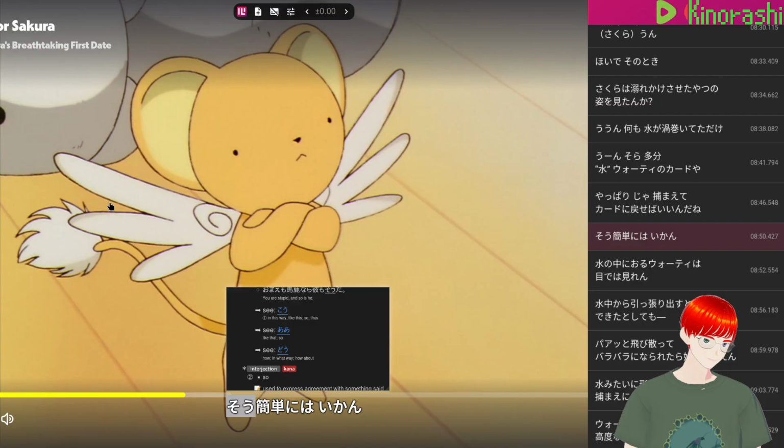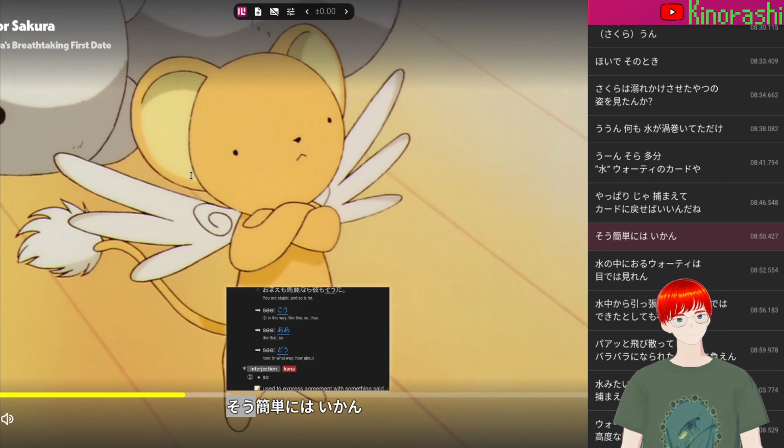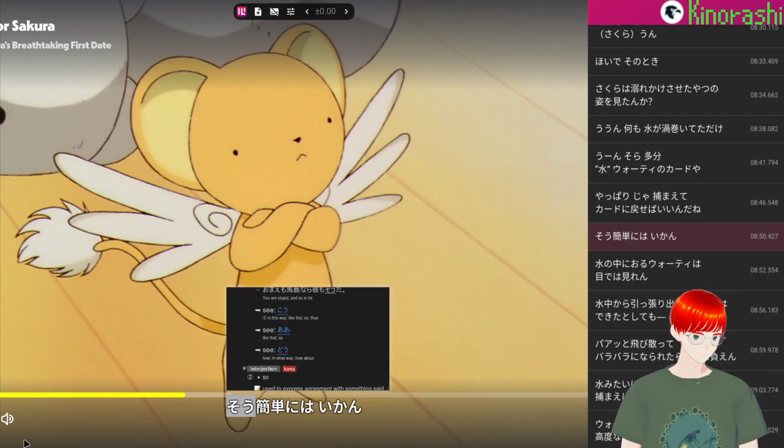In this context, so modifies the adjective kantan, simple, creating a phrase so kantan, in that way simple, or so simple. The entire expression so kantan ni wa ikan translates to it's not that simple. Okay, so that way simple, okay. So it is the so as in meaning that way.